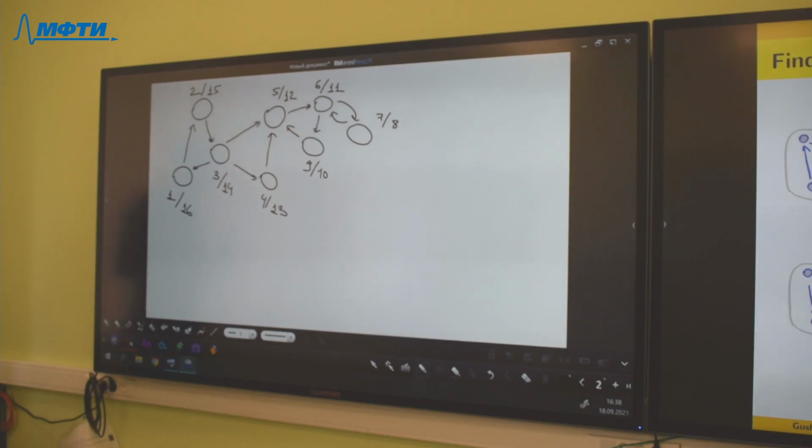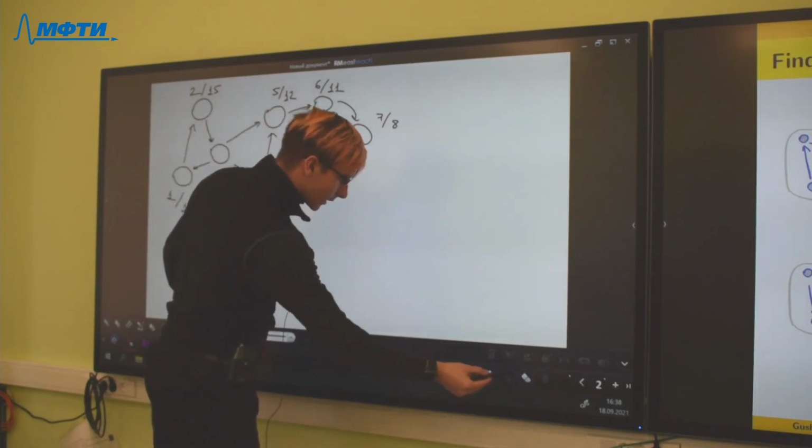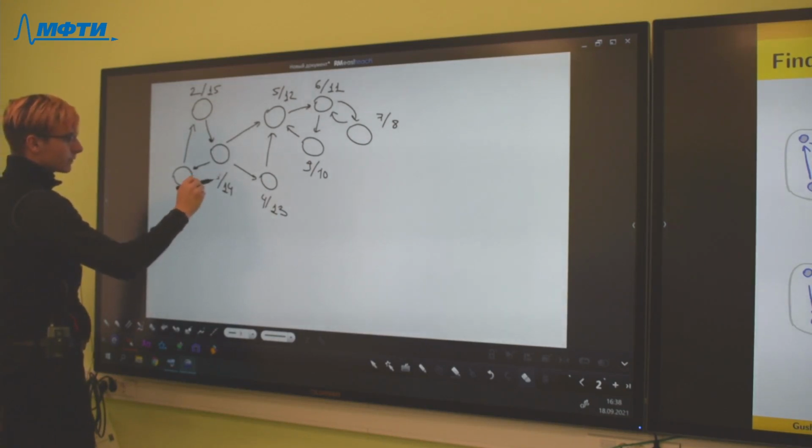Okay, then we store only the finish time, and I erase the time when we discover these vertices.